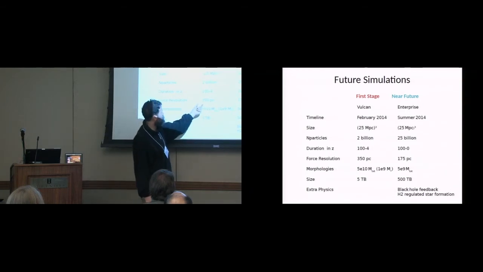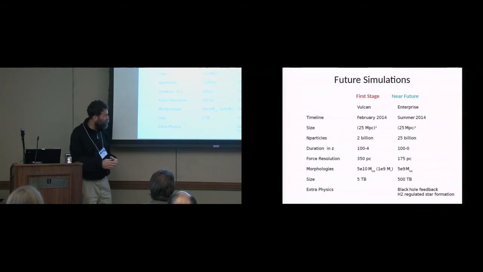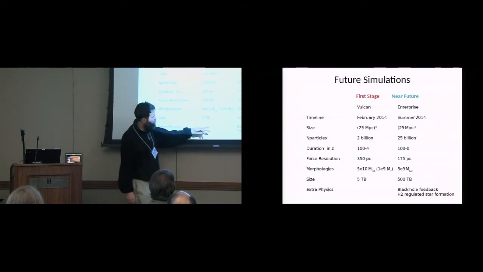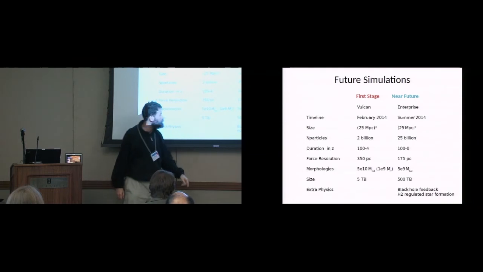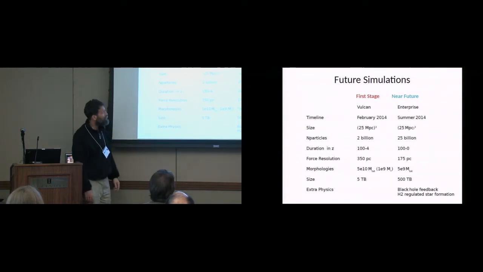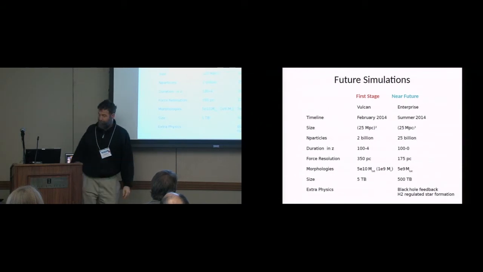And so that means that the force resolution can go down as well. These things have just been implemented. The AGN feedback from supermassive black holes and molecule-based star formation is what we'll be planning to do starting this summer.